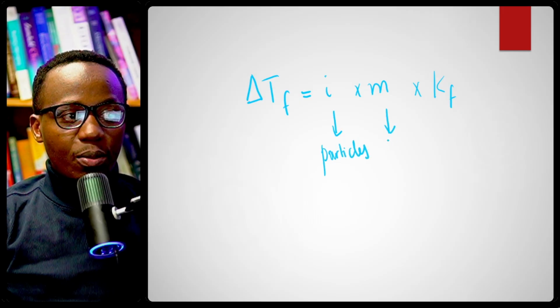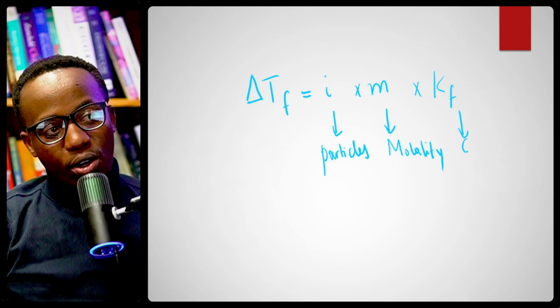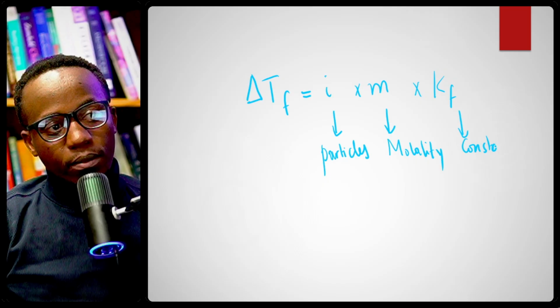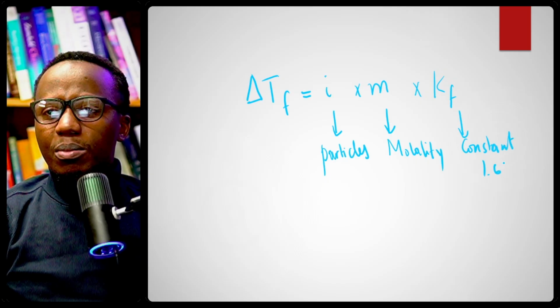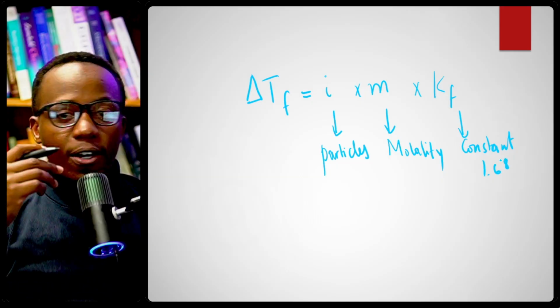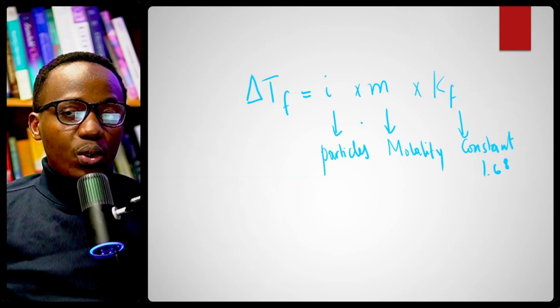M is molarity, with a big L, and then Kf is a constant. I think for water it's 1.68? I don't remember. Look it up. But we are going to use this.